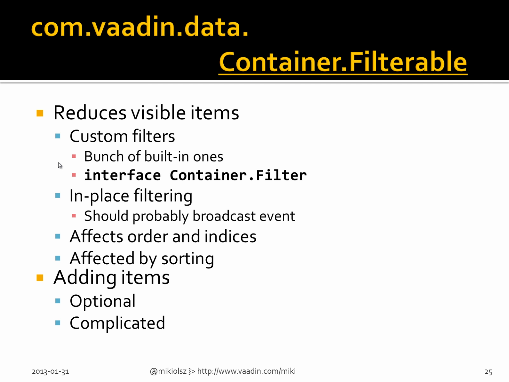The interface is named filter. And that's in-place filtering, which should broadcast events. So whenever we change filters or add new filters, then we probably should broadcast the event that the set of items has just changed. Again, filtering affects order and indices, and it can be affected by sorting and so on and so on.